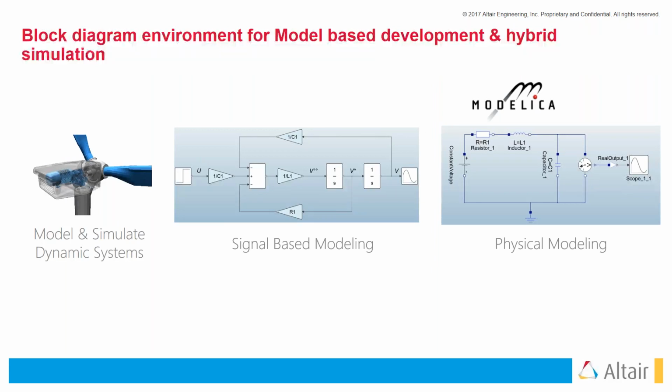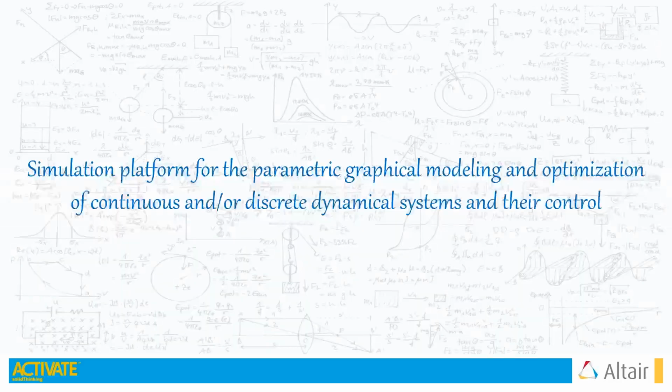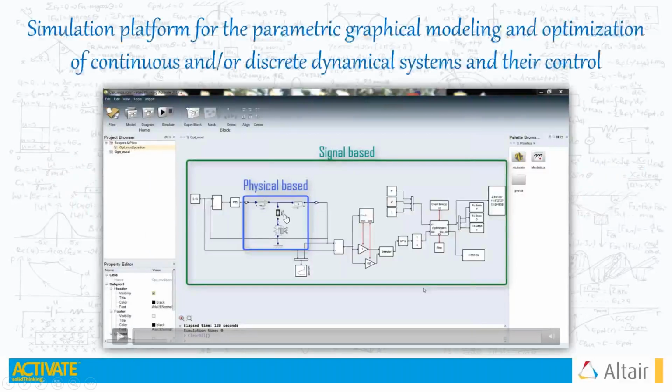Our simulation platform lets you graphically model and optimize parametrically, for both continuous and discrete dynamic systems and their controls. This is a simple example of how the user interface of Activate looks. Here is a physical-based model which has a force, mass, and damper. It's a physical model, and now you're going to control it. You have a feedback system with a PID controller. We talk about controls with respect to your reference input.